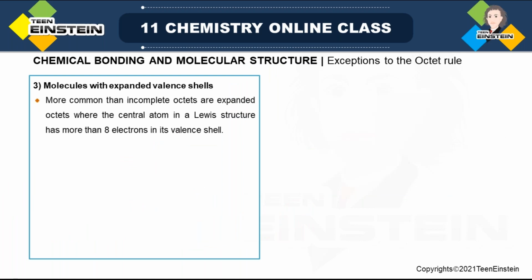The third possibility: expanded valence shell. So it is the reverse case of the previous examples that you have seen. The central atom had fewer than 8 electrons, but now it will have more than 8 electrons. And how is it possible?